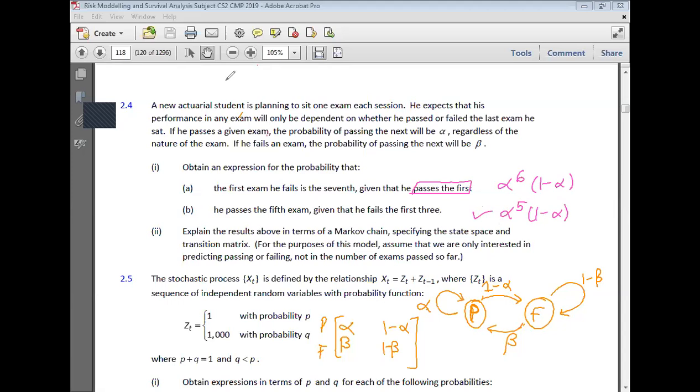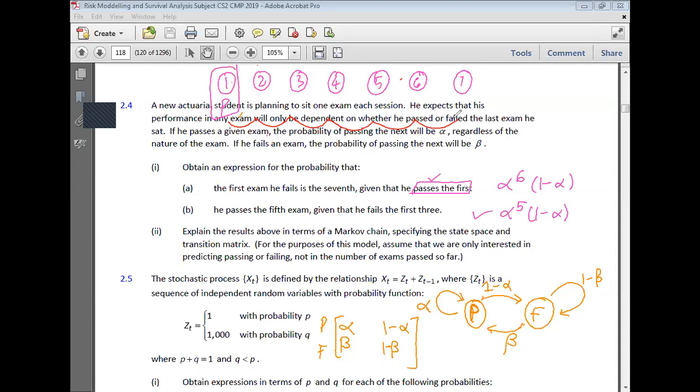So let me just try to write that nicely. If I am given that he has passed the first exam, I do not take this into consideration now. All I care about is what happens from 1. If you look at the number of transitions that you will be making, it is 1, 2, 3, 4, 5, and 6.